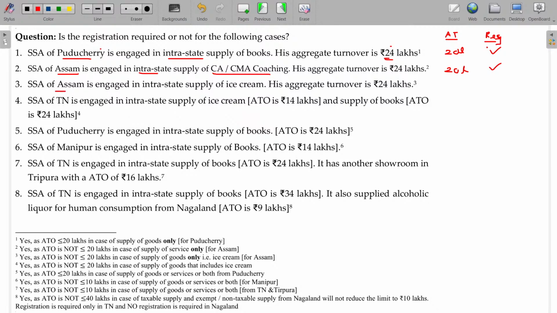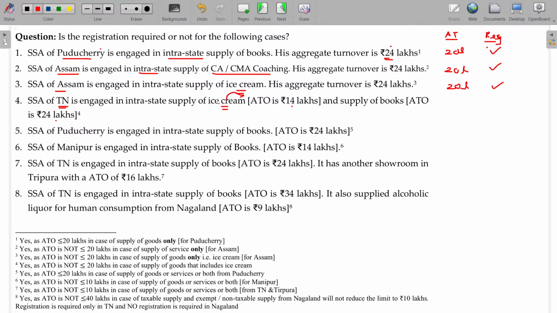Assam engaged in intrastate supply of ice cream. In the case of ice cream, pan masala, tobacco, automatically the limit is only 20 lakhs. Then registration is a must. A person of Tamil Nadu engaged in intrastate supply of ice cream. Ice cream value being 14 lakhs and books being 24 lakhs.